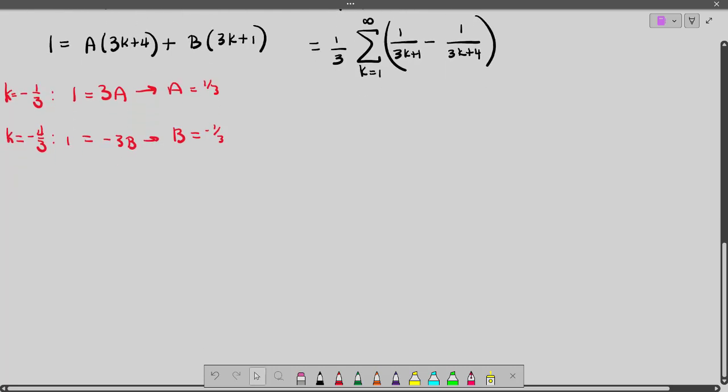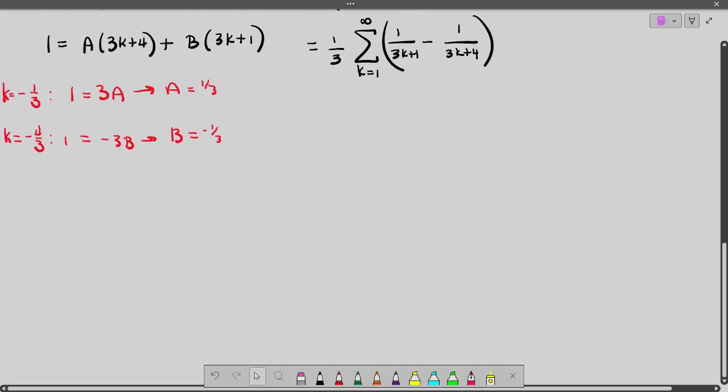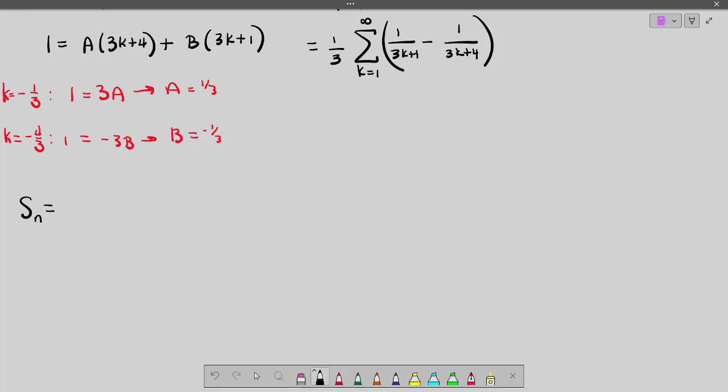Let's come down here so we have plenty of space. So S sub n, plug in the 1. So we're forgetting the 1/3 for now, because that doesn't change convergence or divergence. So we're going to plug in a 1 first, 1 plugged in for the k. So I'm seeing a 4th minus, am I seeing a 4th minus a 7th?